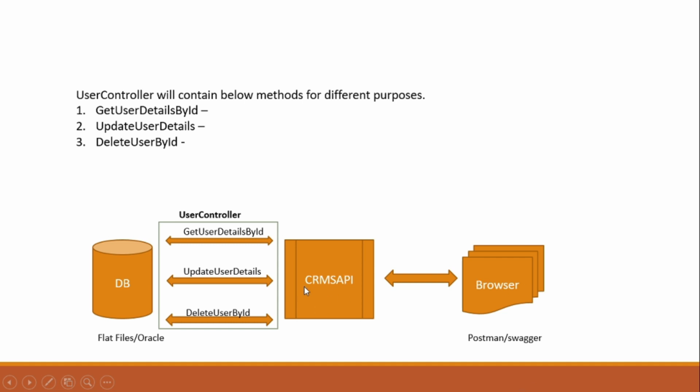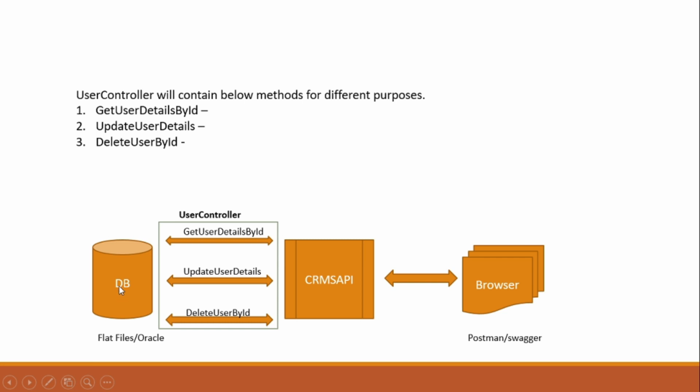So this is our API. Inside that API we will be implementing these three methods inside the user controller. We will need to add the user controller first, and later on we will implement these APIs, and these APIs will further communicate with the database.